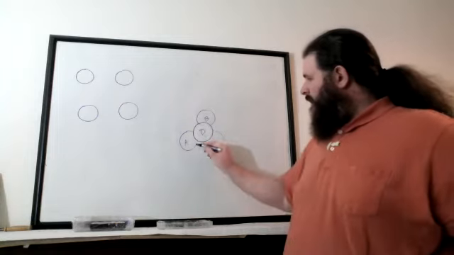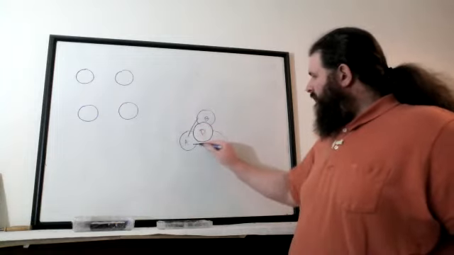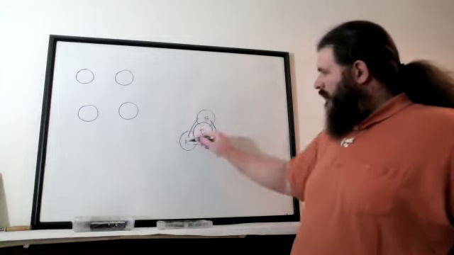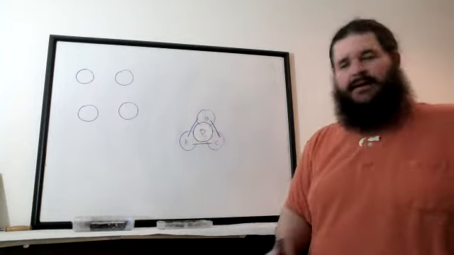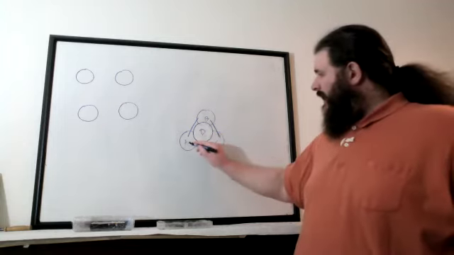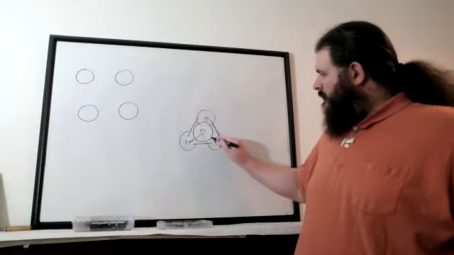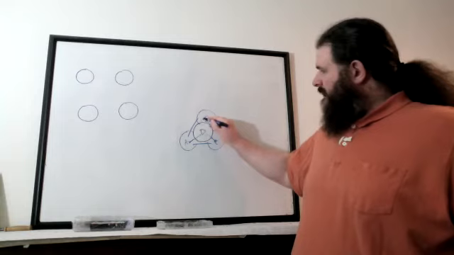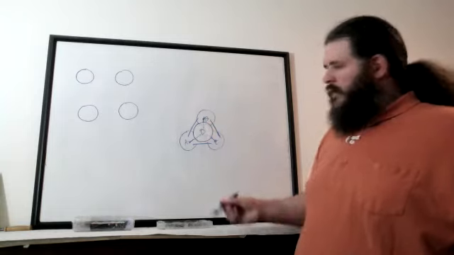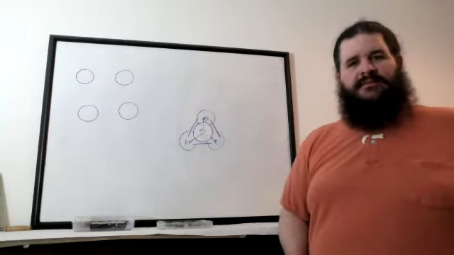then we've got bonds AB, AC, CB that are all R naught equilibrium distance, and A to D, C to D, and B to D would also be equilibrium distance.